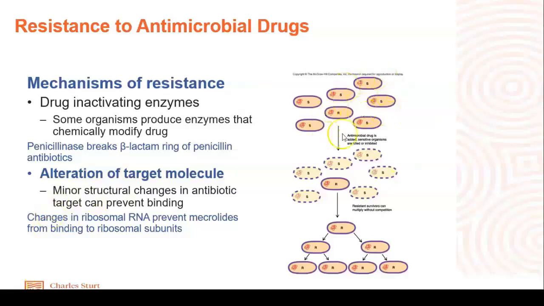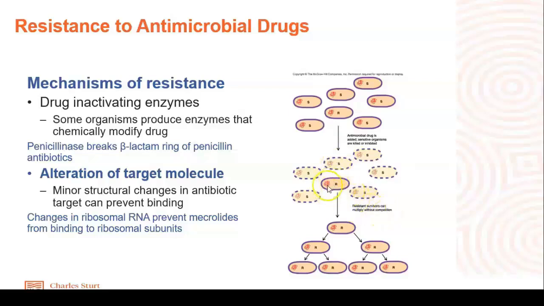But if you look over here, you can see this pattern of resistance developing. Here we have all of these antibiotic sensitive microorganisms. The antimicrobial drug is added and the sensitive organisms are killed or inhibited, but you can see that resistant survivors can multiply without competition.